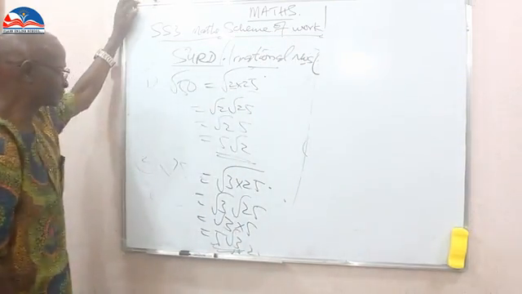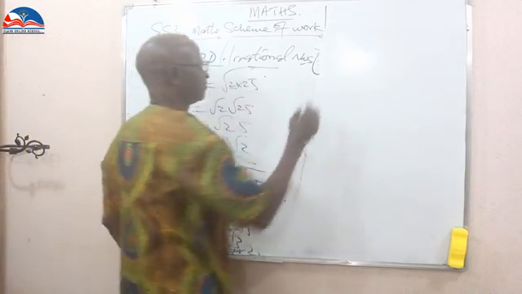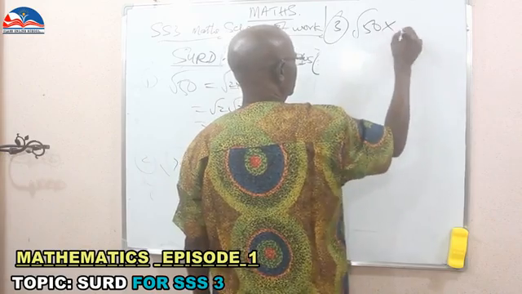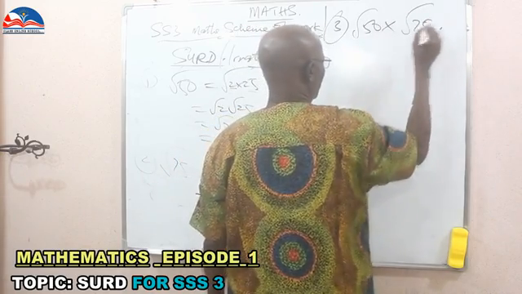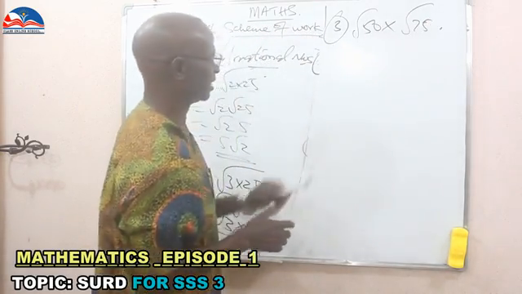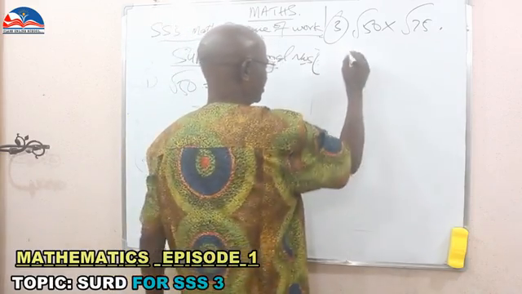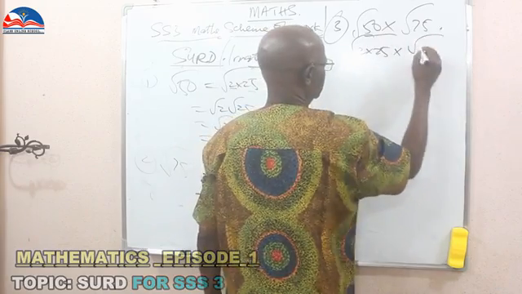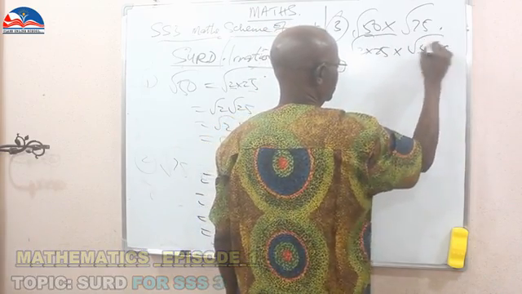If you are given, number 3, root 50 times root 75, what do you do? Rationalize this. This is 2 times 25, times here again 3 times 25.